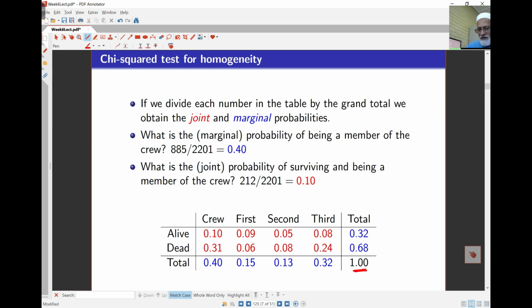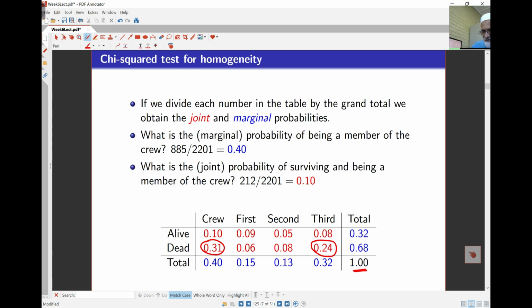By looking at the numbers in the table, it doesn't look like that. It looks like the probability of dying for a crew is much larger, and for a first class passenger maybe about the same. The same here for third class passengers. Probability of dying seems much larger here. But we really want to take a look to see whether this is a significant difference.